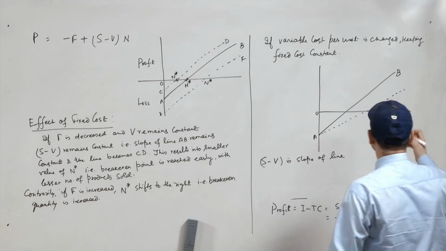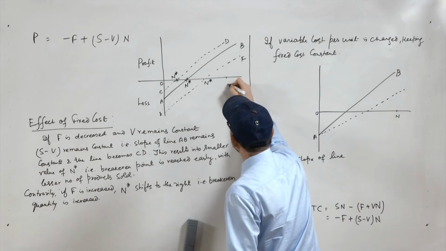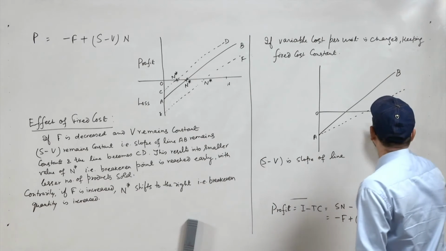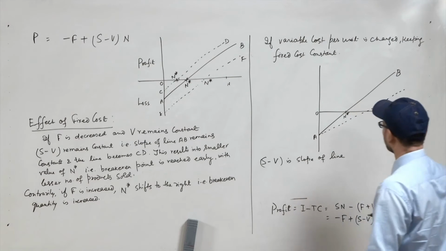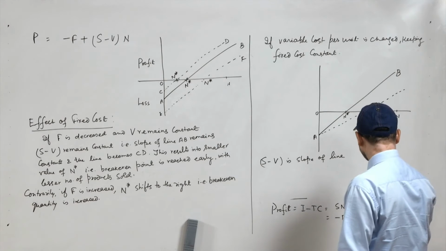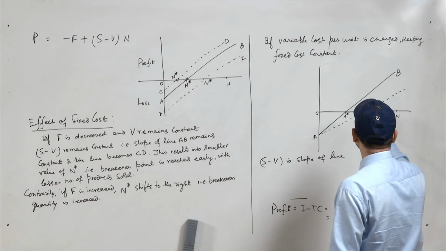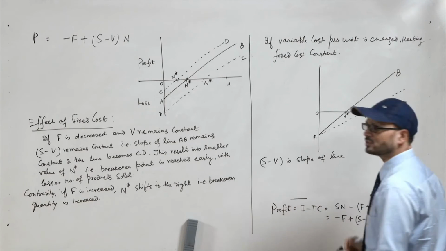Now, in this we can have n on this side. What we see is, earlier we had n star here, and when the variable cost is increased, the n star has come towards the right.